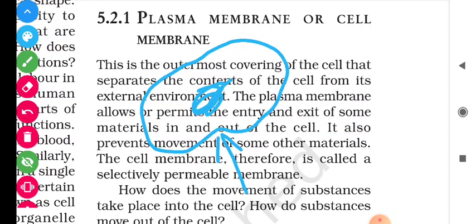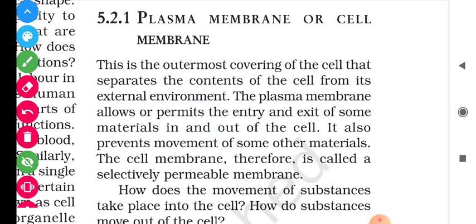The content present inside the cell is separated by this thin membrane. Membrane means one kind of surface which separates two things. This surface or membrane which separates the content of the cell from its external environment is called the plasma membrane.